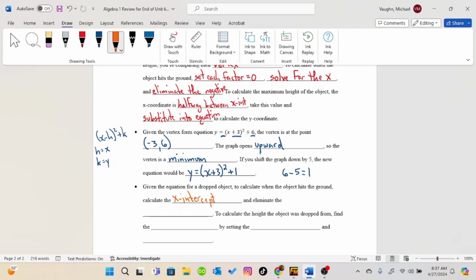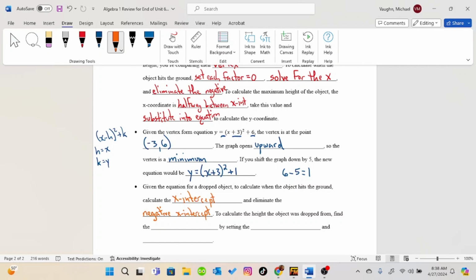Then eliminate the negative x-intercept. Because we're measuring time, so we don't want the negative time, we want the positive time.